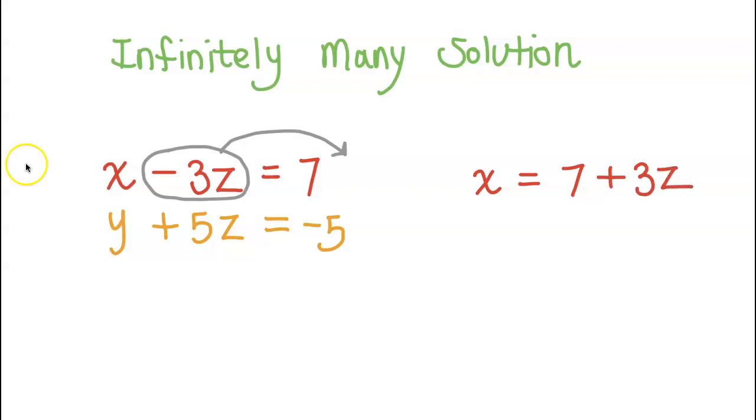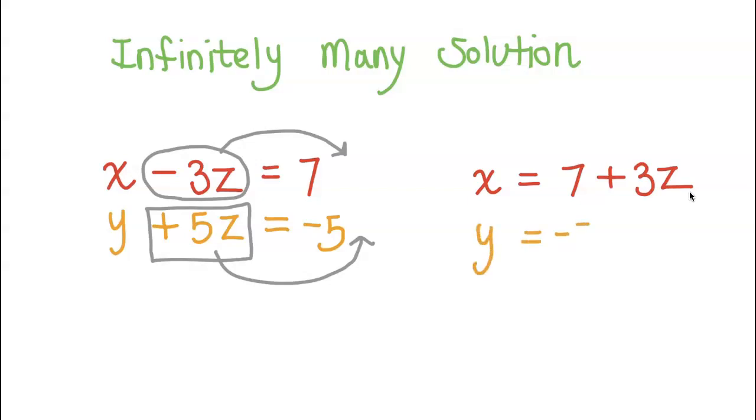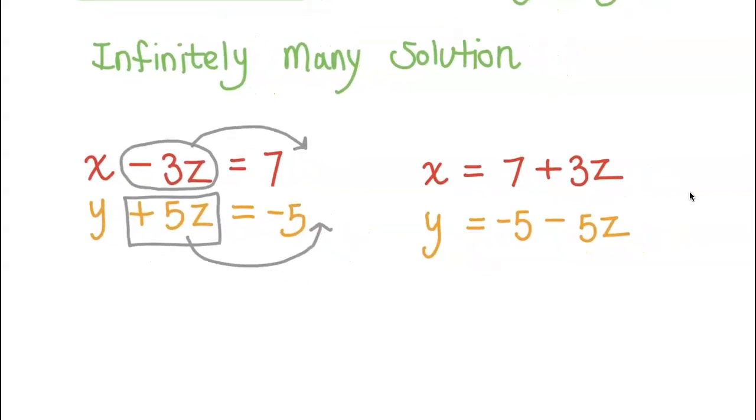So x is equal to 7 plus 3 times z. I will do the same thing for this orange equation. I used to have y plus 5z equals -5. But if I move this plus 5z to the other side, here's a new equation: y equals -5 minus 5z.